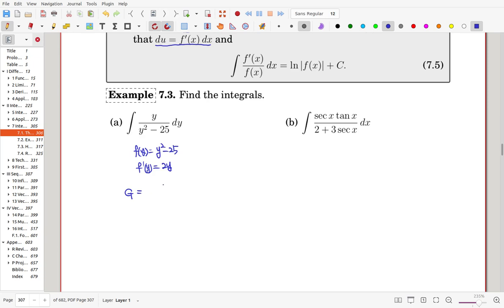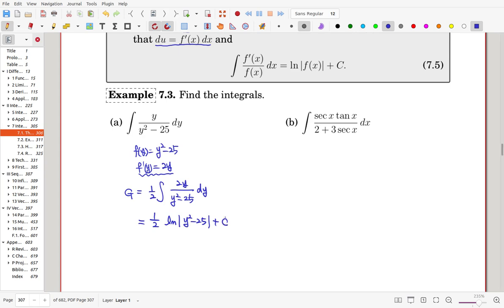The given integral is the same as the integral with y squared minus 25 on the bottom, and on top, let's change this one to 2y so that it becomes f prime y, and to make it the same, we have to put a half in front. Then we know that this is a half times the natural logarithm of y squared minus 25, plus c.